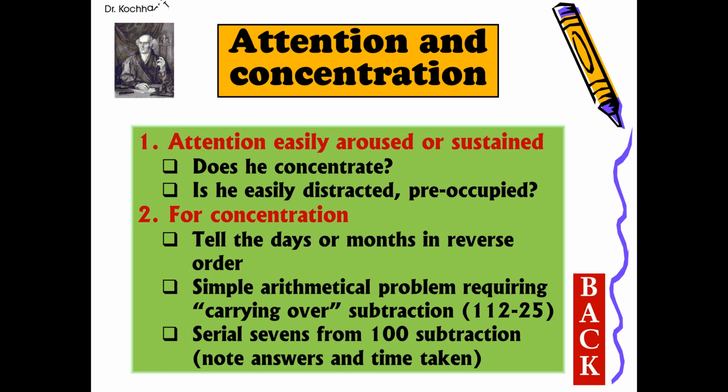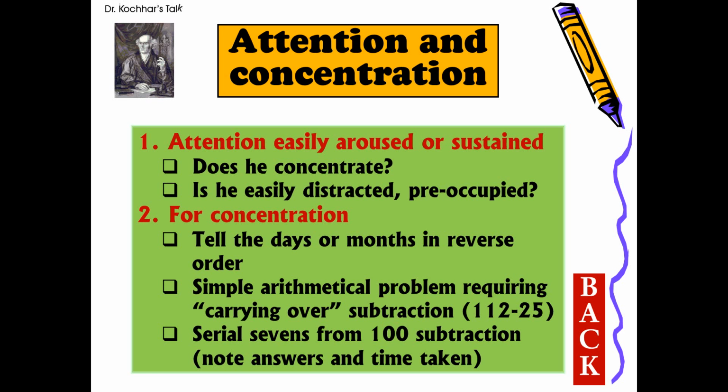Then a simple arithmetical problem which requires carrying over in subtraction, like subtract 25 from 112. If it is subtract 2 from 112, anybody will say 110 very easily. But if it is 112 minus 25, then he has to do some calculation. That is 87. The answer will come with a little calculation.